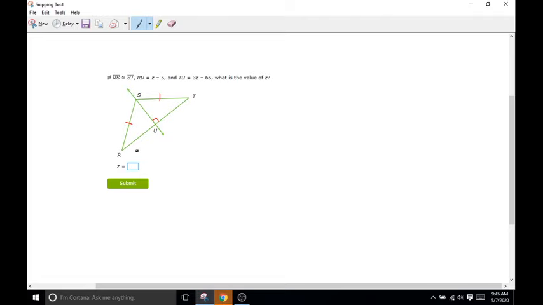RU is going to equal Z minus 5, and TU is going to equal 3Z minus 65. What is the value of Z? So we know these two are equal, so we're going to set them equal to each other, just like last time. Like this. Okay, Z minus 5 equals 3Z minus 65.